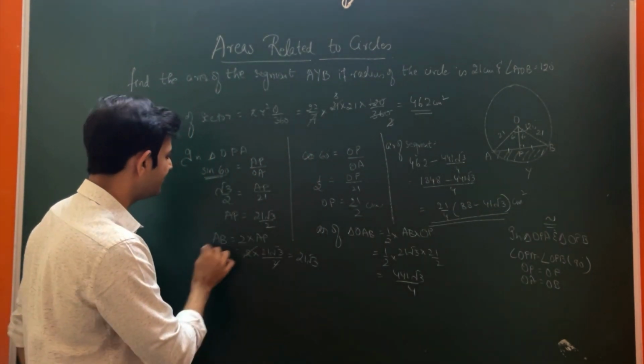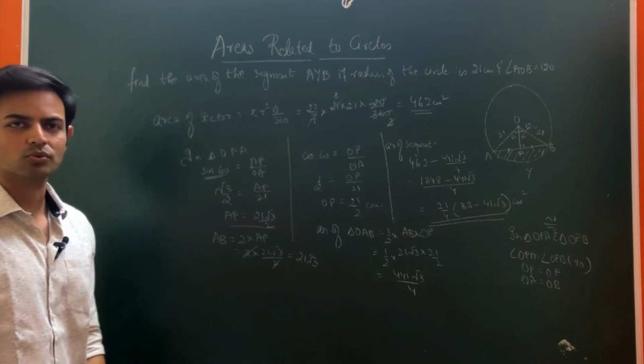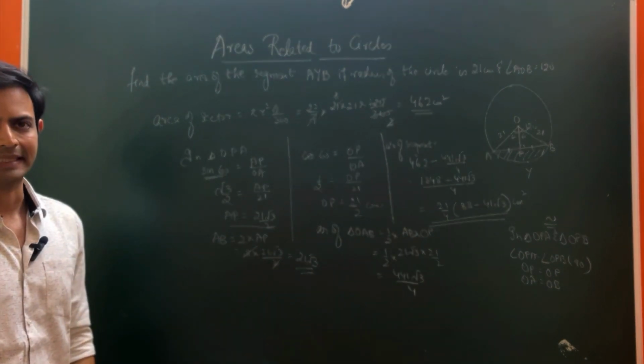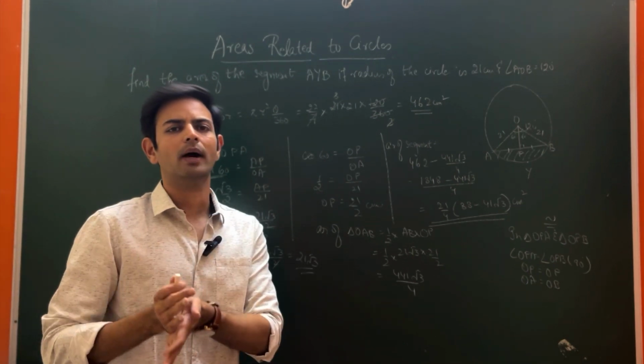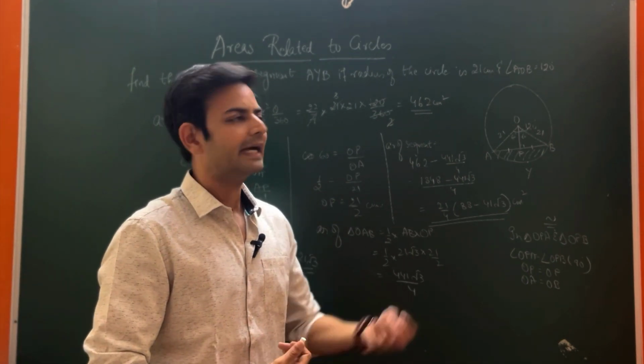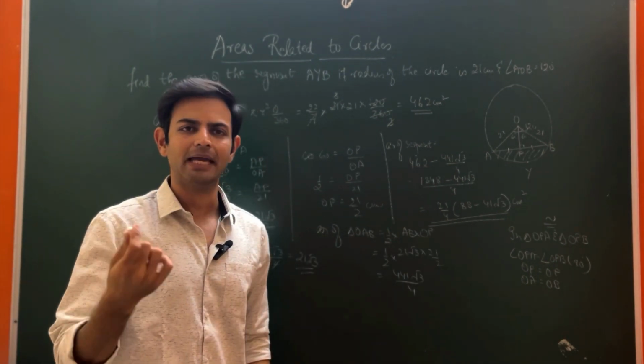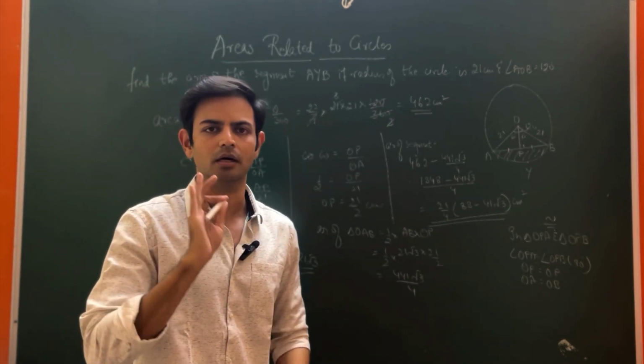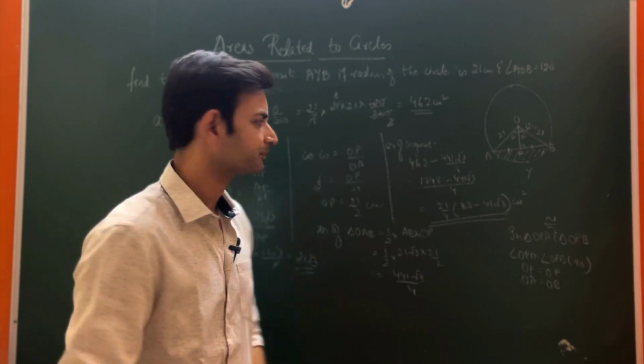So here AP we got as 21 root 3 by 2 and we double the value to make it 21 root 3. Right now it is not required to put the value of root 3. In the end answer, if you have time, you can put the value of root 3. Otherwise, you can leave the answer in the root 3 value also.